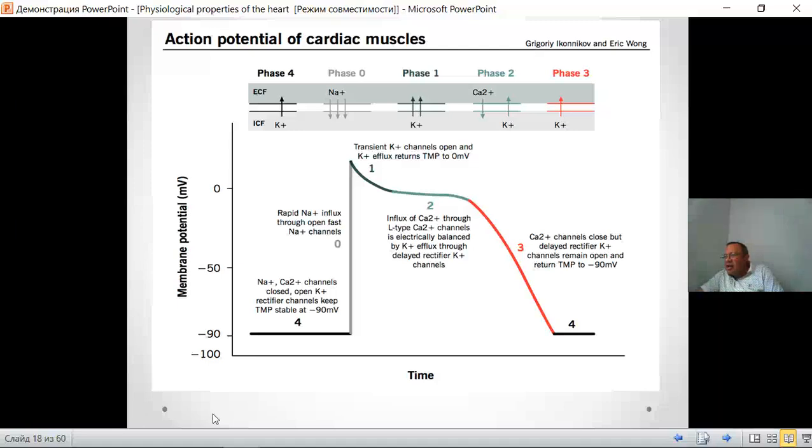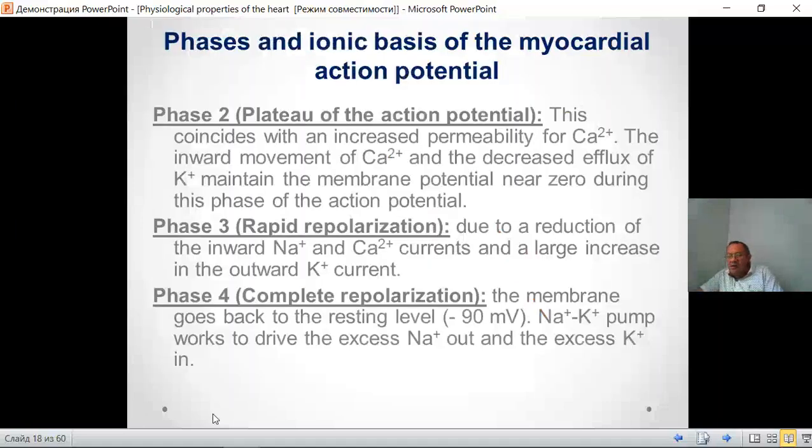The voltage-gated calcium ion channels open slowly during phases 1 and 0, and calcium enters the cell. Potassium channels then close, and the combination of decreased potassium ion efflux and increased calcium ion influx causes the action potential to plateau.